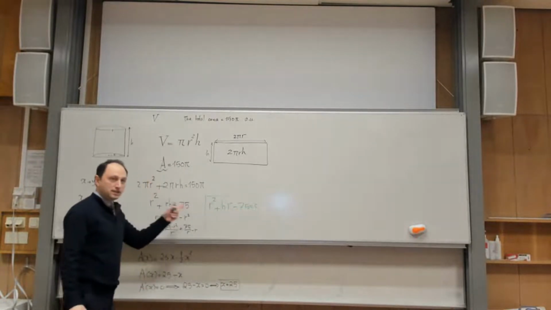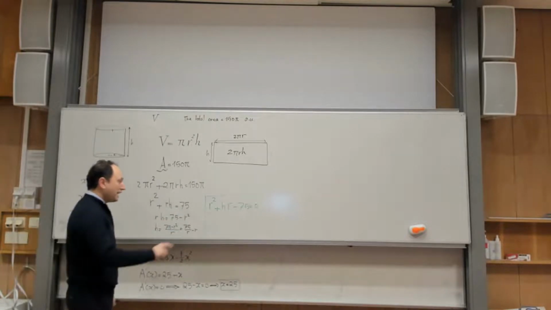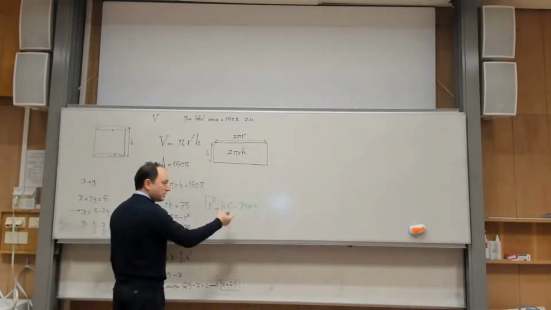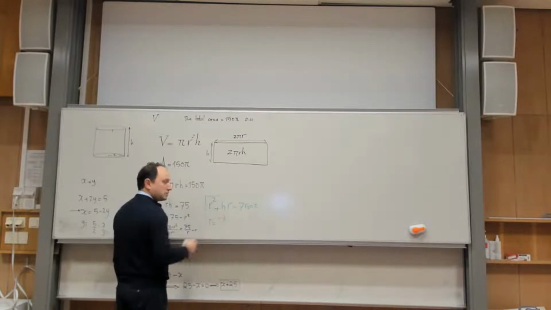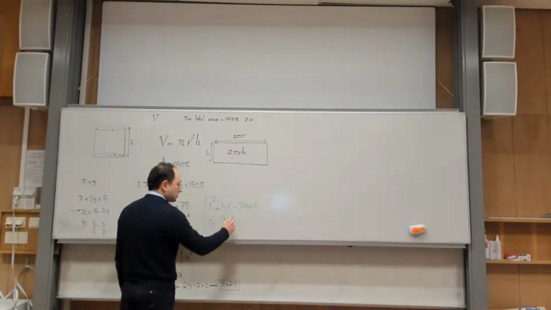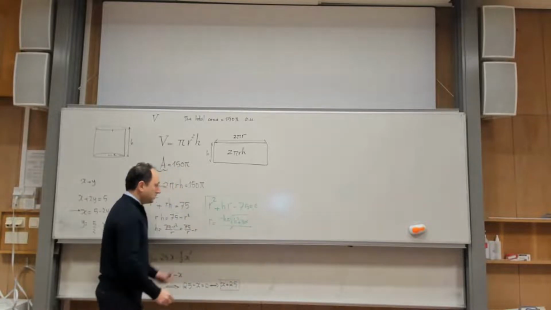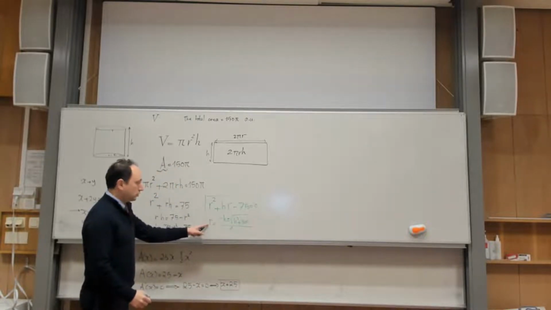If you really insist on doing it that way, you have to solve it as a quadratic equation. For example, the ABC formula: minus b becomes minus h, plus or minus the square root of this one squared, minus 4 times that one is 300, and then divided by 2. Okay? Now r is alone.